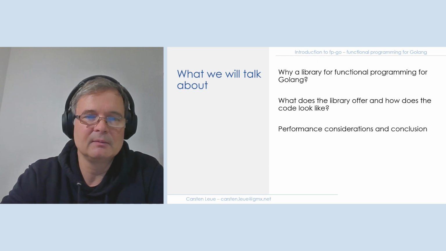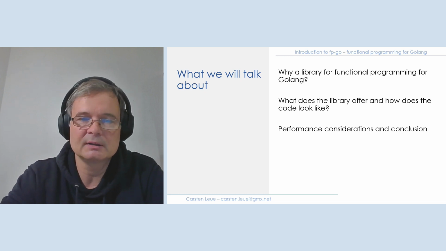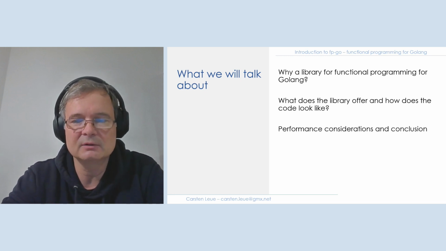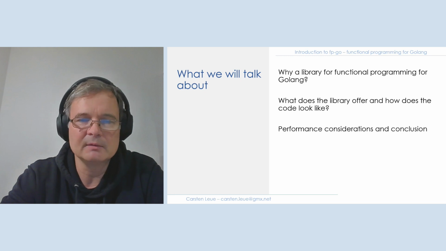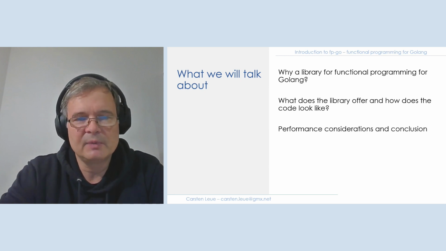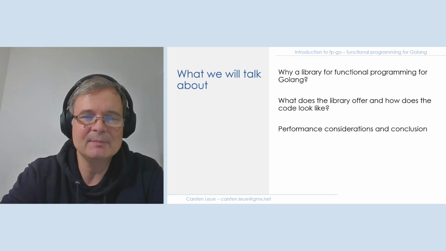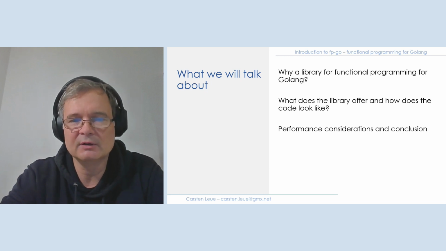In the second part, we will have a closer look at how Go code using this functional extension, I would say, to Go looks like. Go code that uses this FP-Go library. We'll delve into some of the concepts that the library has to offer. And again, we'll have a look at code. It will not be a complete in-depth investigation into the library.